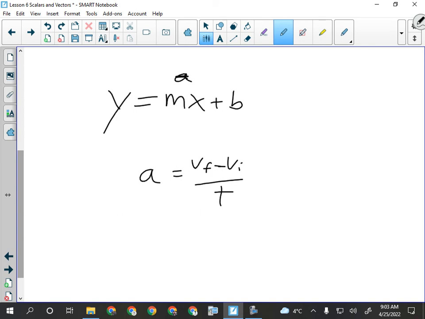T. T is not attached to VF. Right now I'm dividing by T, so to move it I would multiply. T times A equals VF minus VI. I want VF by itself. What do I do with VI? Add it to both sides.